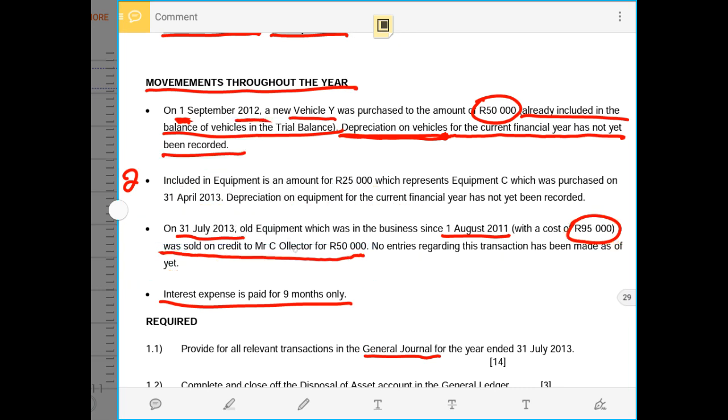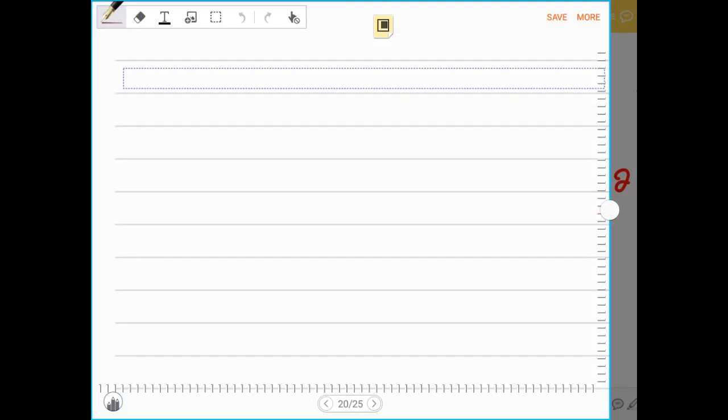So now we have to account for all of that. Let me go to my ledger accounts and do the 3 ledger accounts for equipment. I always have to start with the cost of the equipment. Then I record the ledger account on equipment at cost.